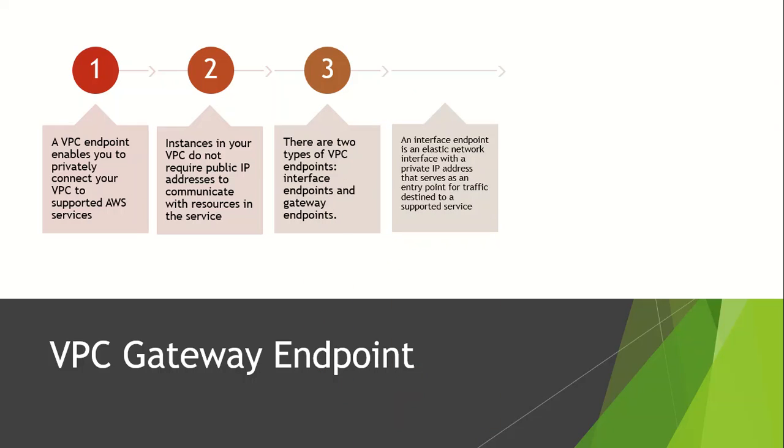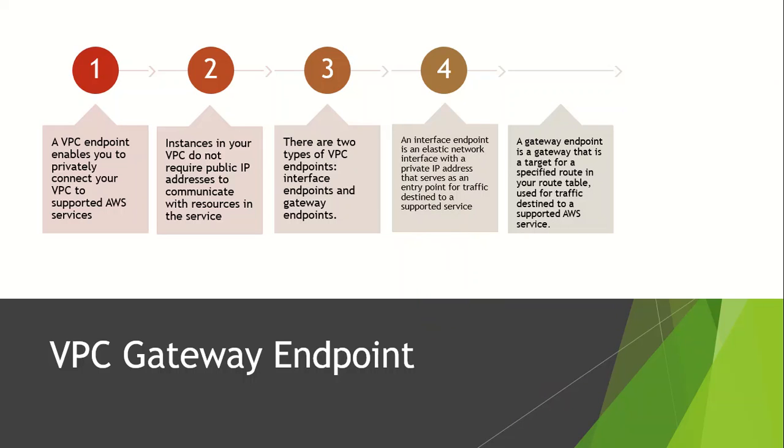So what is an interface endpoint? An interface endpoint, as the name suggests, is an elastic network interface within your private subnet which consumes a private IP address, and it serves as an entry point for traffic destined for a supported AWS service. While a gateway endpoint is a gateway which will act as a target for a specified route in your route table used for the traffic destined to the supported AWS services.